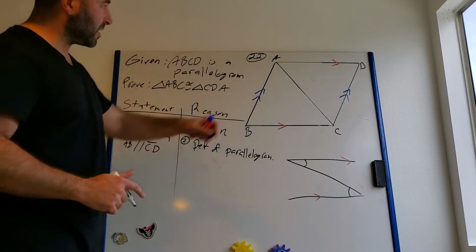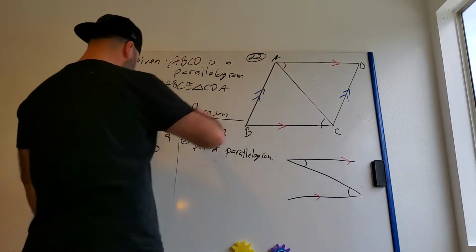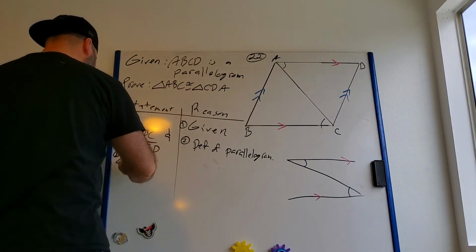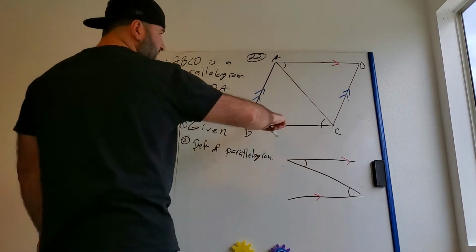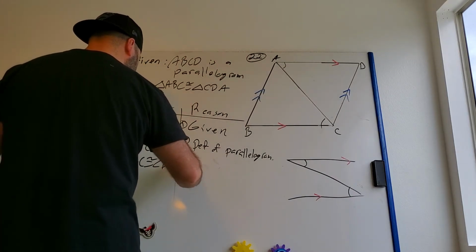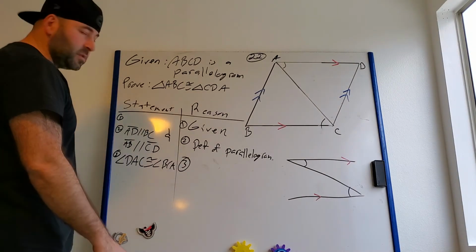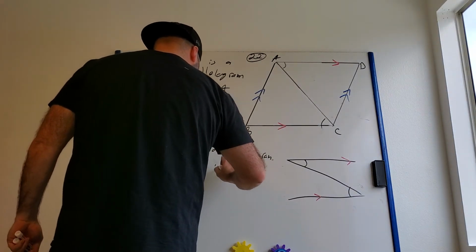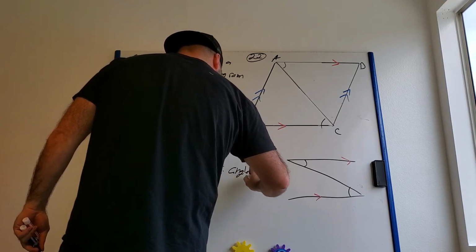So if I'm going to mark that down right over here, I get that angle DAC is congruent to angle BCA. And the reason is already there for you guys, and that's because AD's parallel, alternate interior angles are congruent.